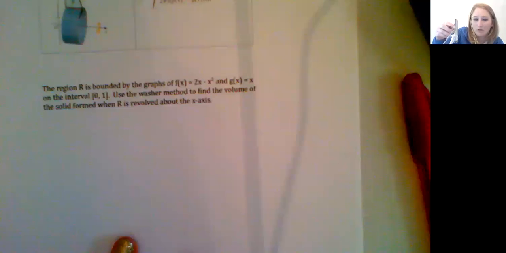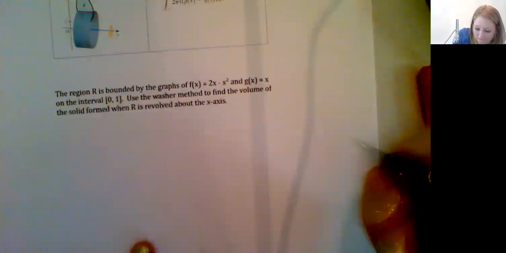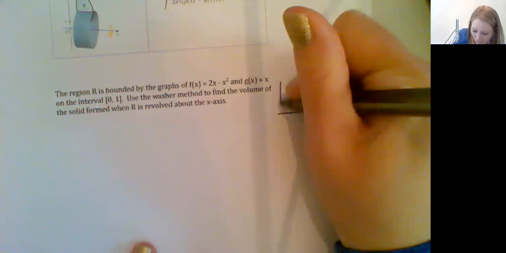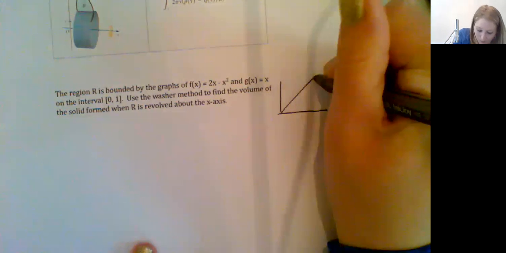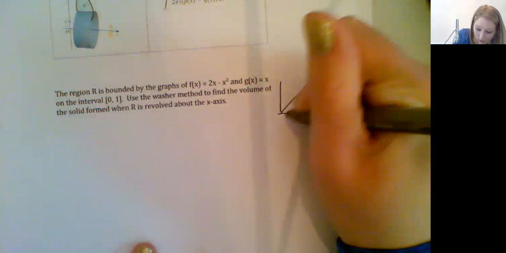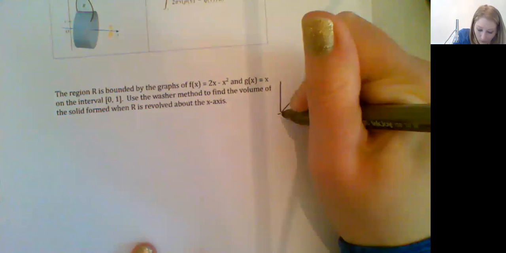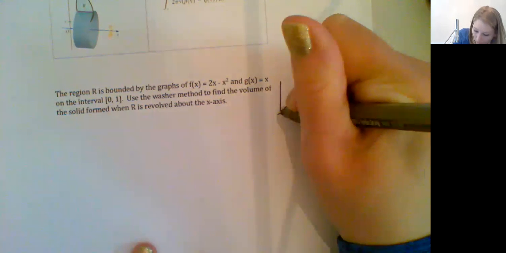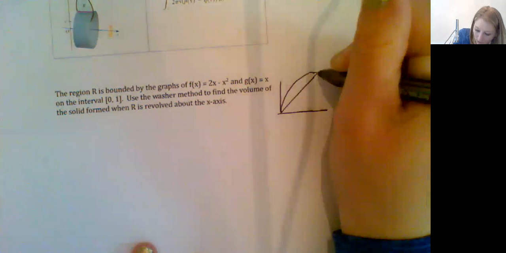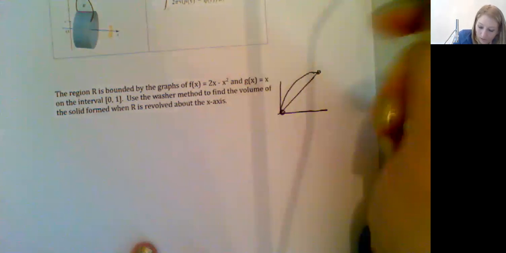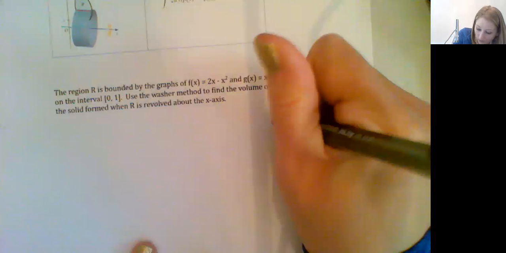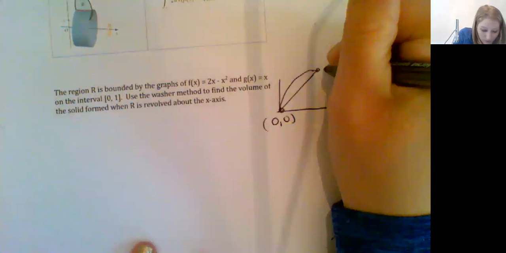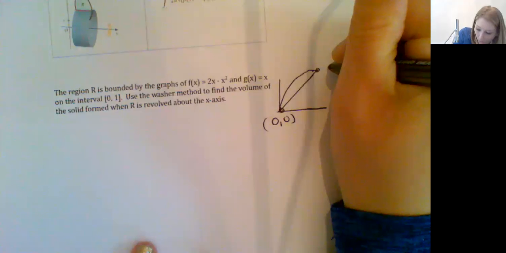Okay, so we have g of x, and we have 2x minus x squared, which looks like this. You can either set these equal to each other, or you can plop this into Desmos so you can see that they're intersecting at 0, 0 and 1, 1.